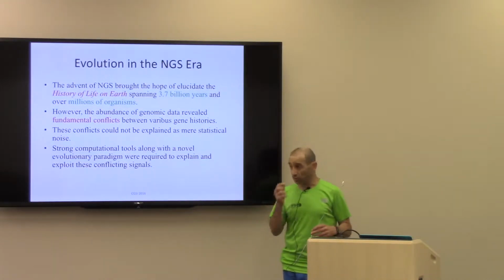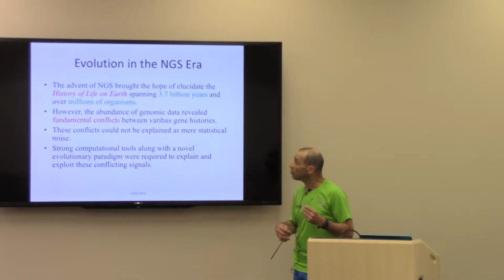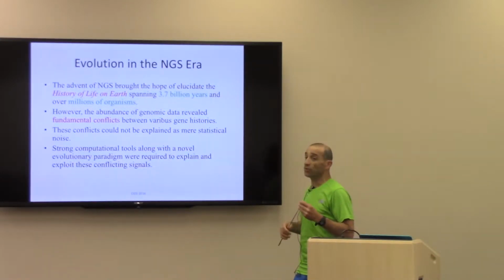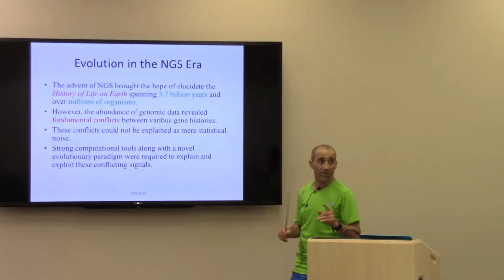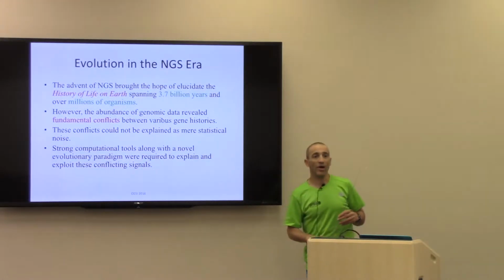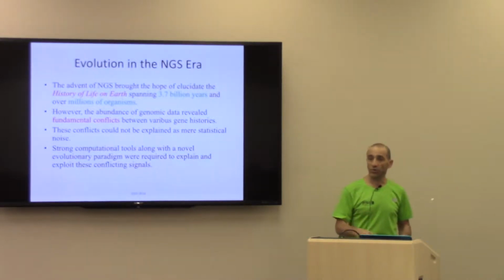The conflicts were much more fundamental. Strong computational tools, along with a novel evolutionary paradigm, were required to explain and exploit these conflicting signals. And why to exploit, we will see during this talk.